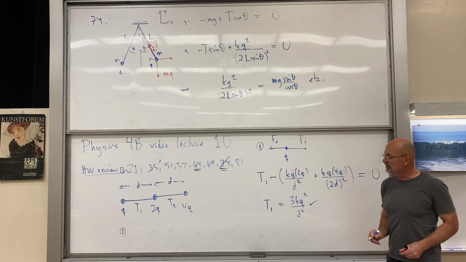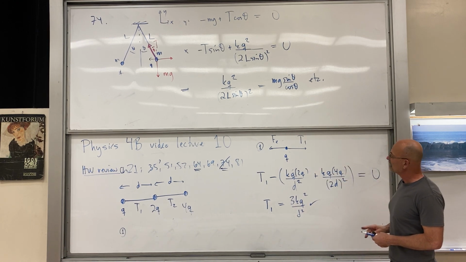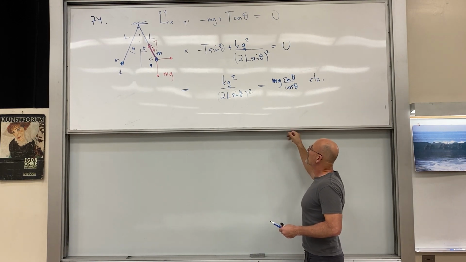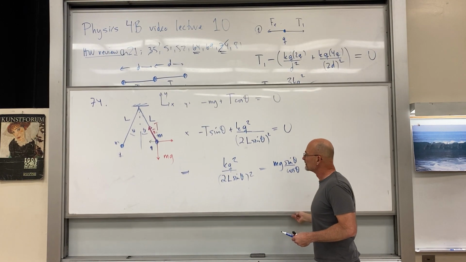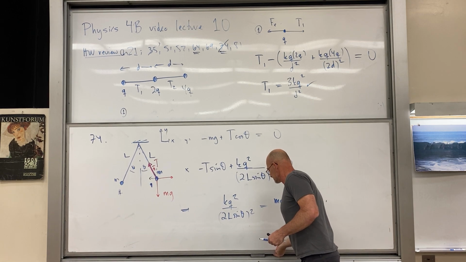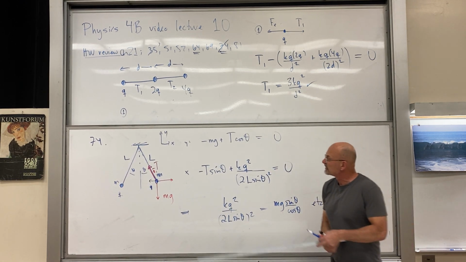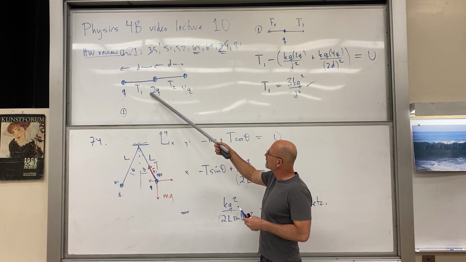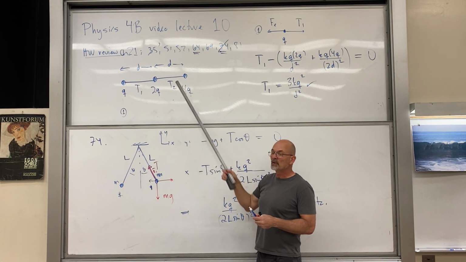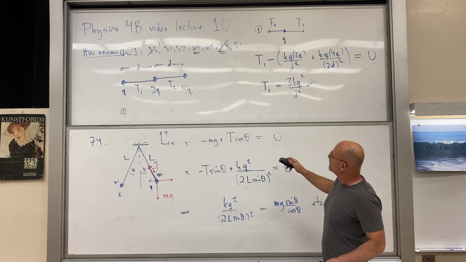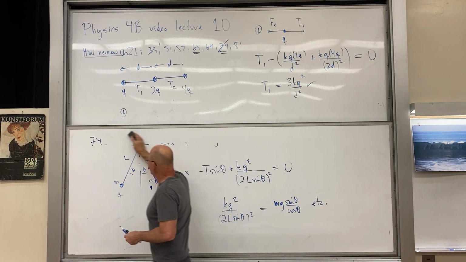So that's one of those tensions already. Let's send this one up. Now it's possible to next do the force on 2Q here in the middle, and you'd have tensions in both directions. But it turns out it's sufficient to just deal with the one on the right side.